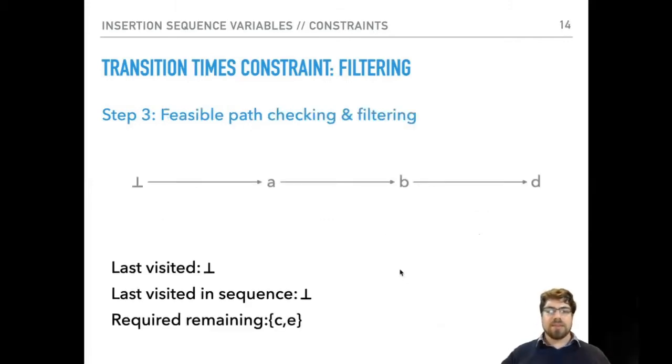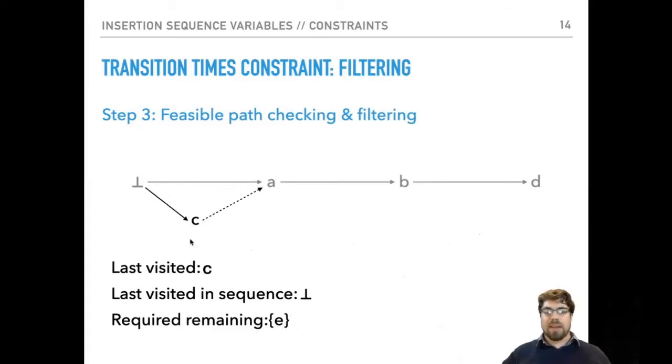The third step is to check that all the required elements in the sequence can still be inserted in the sequence. So in order to do that, we will use a depth first search. We will start from the start of the sequence, so bottom, and we will check whether or not we can insert elements that are required.